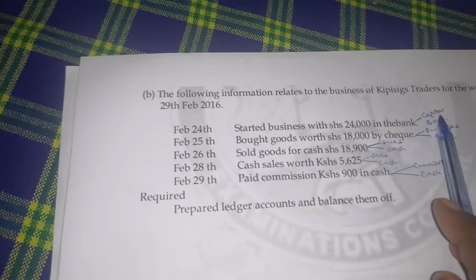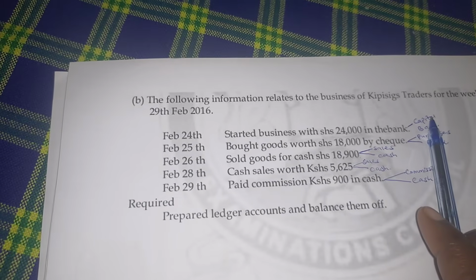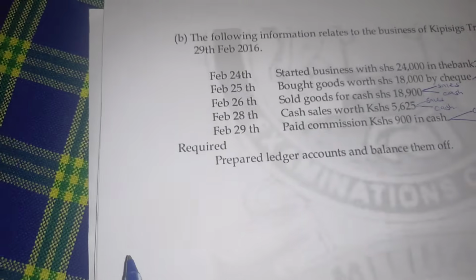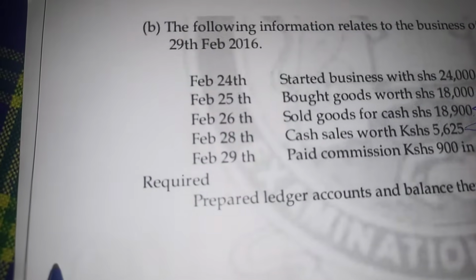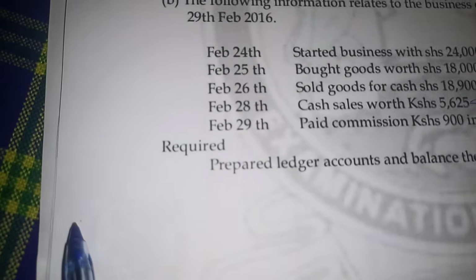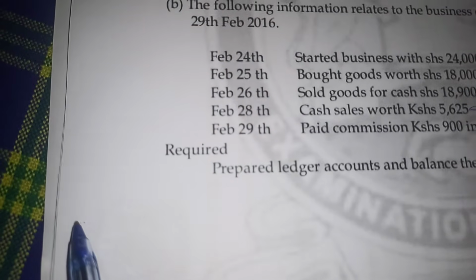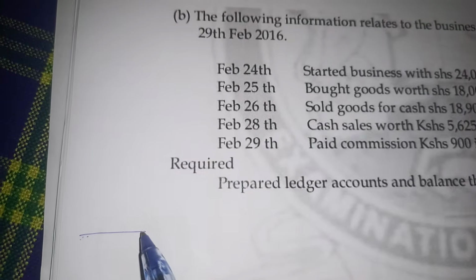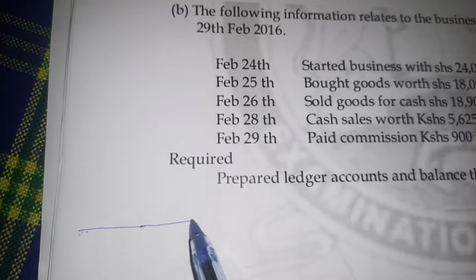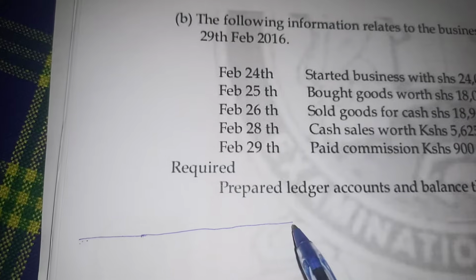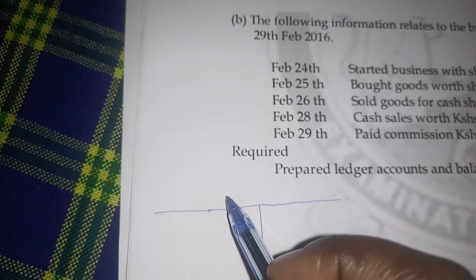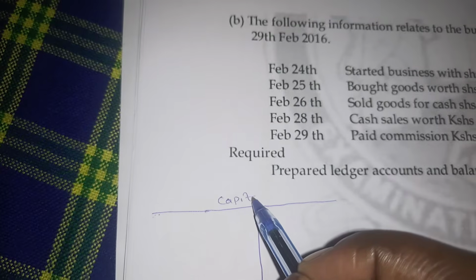We start with the first account, which is the capital account. Remember, they're also known as T accounts because they resemble a capital T.